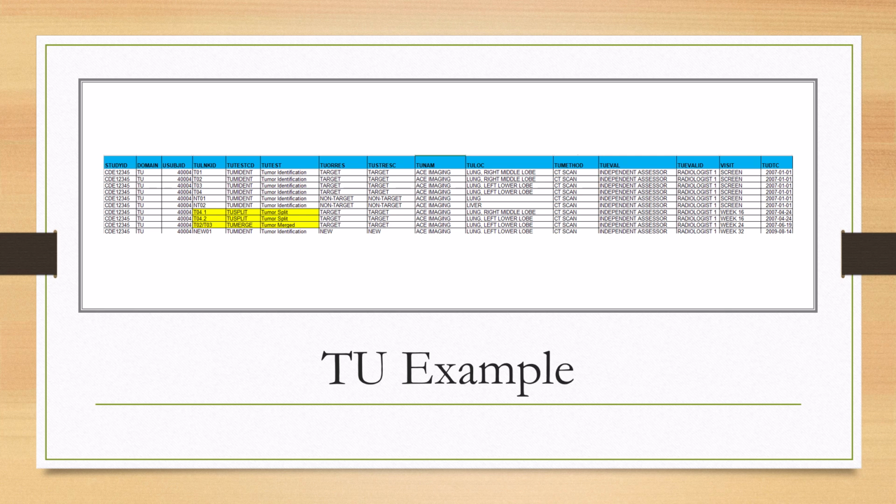The next records, which are highlighted in yellow, are important to note here. Let's talk about the first 2 highlighted records. If you notice, the TU link IDs for these 2 records are T04.1 and T04.2, and in the test code you can see these are mentioned as a tumor split.